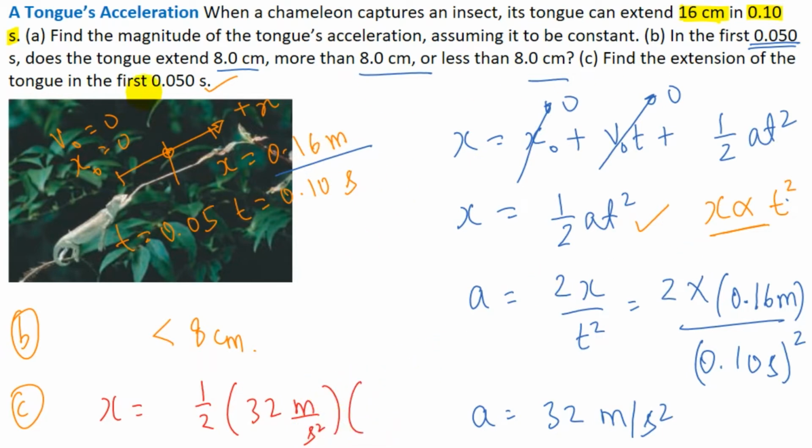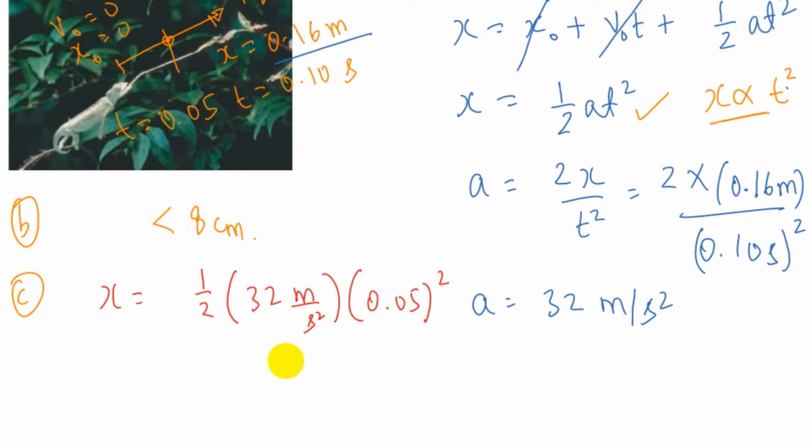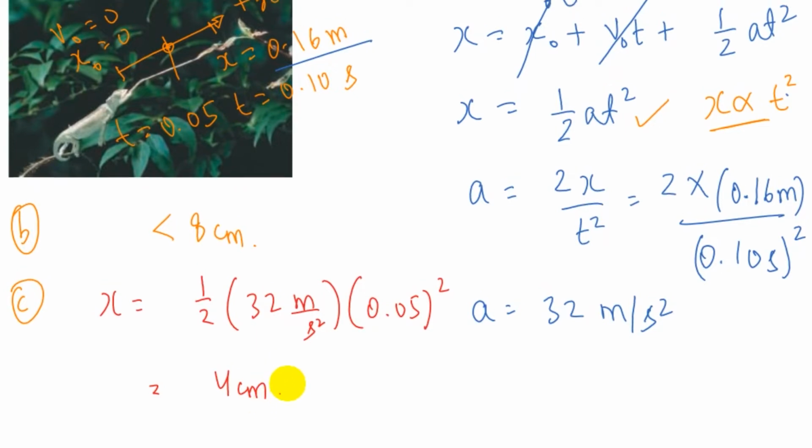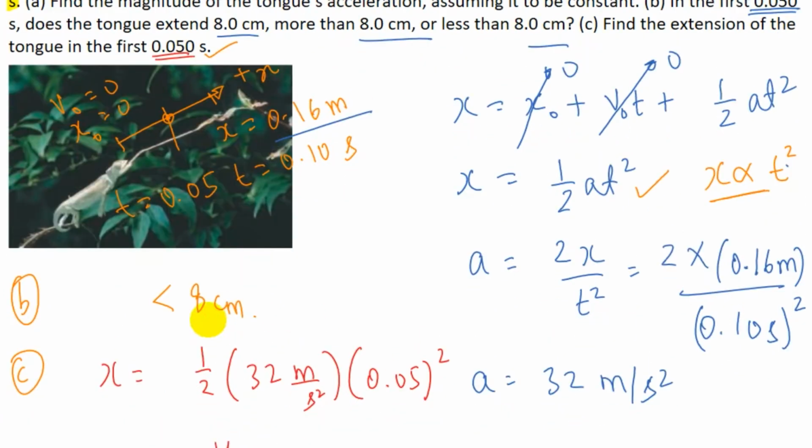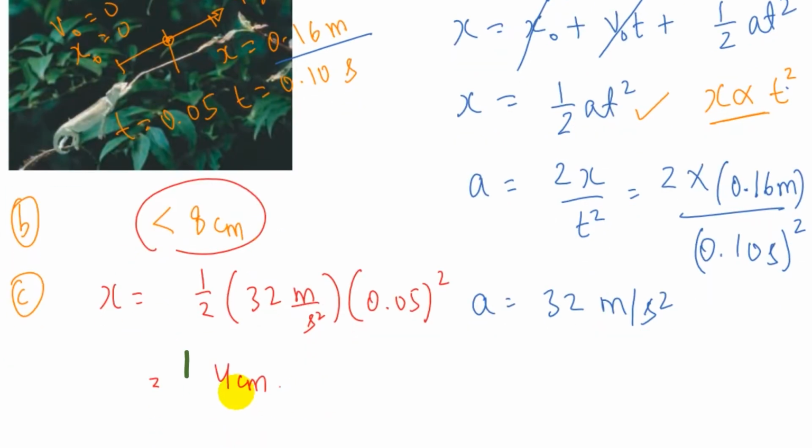Now t we have to take to be 0.05, so 0.05 squared. Now we can solve this by using our calculator, and we'll get the answer to be 4 centimeter. Therefore the position at this time 0.05 is less than 8, which is equal to 4 centimeter. So this is the answer for the C part.